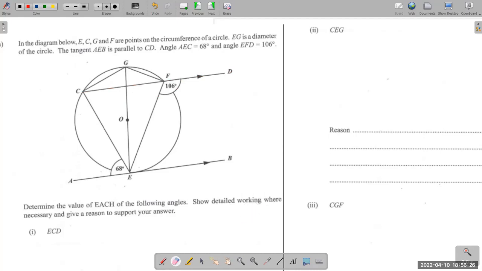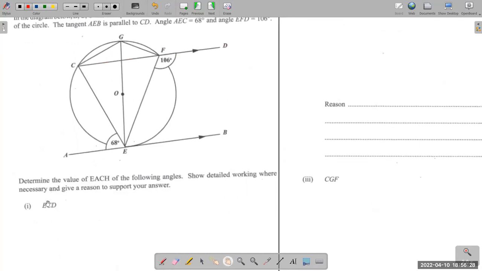Okay, so I want you guys to take a look at this one and let's see if we can find it together. Angle ECD. Be honest, can you find where the angle is? ECD? So let's see where ECD is.